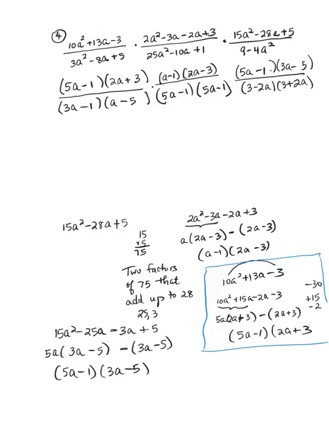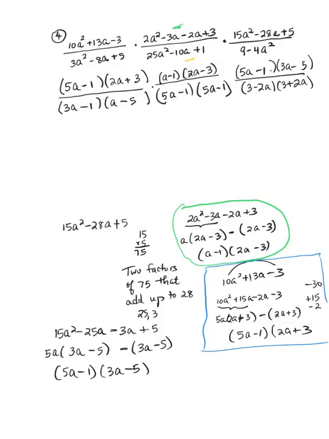To factor this top one, I have the work here. So I did factor by grouping. I factored out an a and a negative 1 from the second 2, and the factorization is a minus 1 times 2a minus 3. 25a squared minus 10a plus 1 is a perfect trinomial square, 5a minus 1 times 5a minus 1.